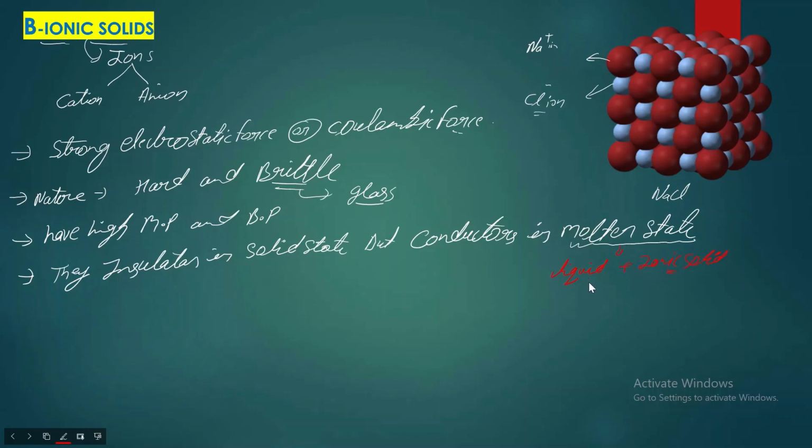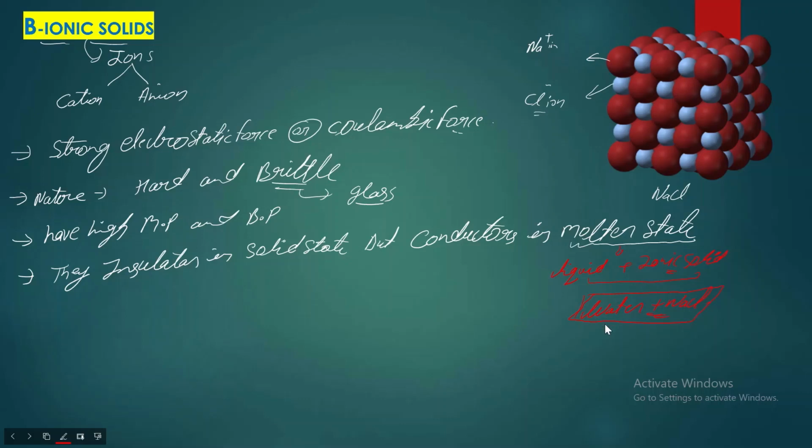Like if you take an example of water plus NaCl. It's an experiment, you can do the experiment by yourself. When you try to flow current in normal water, you see the flow. Water is also a conductor of electricity, but the intensity of flow of current is low.